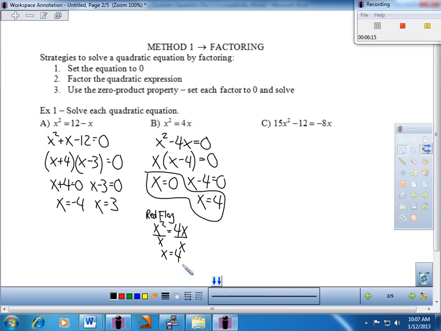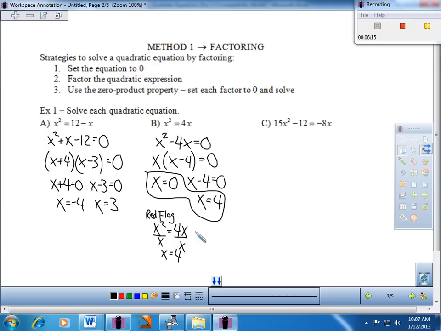And yeah, to some degree 4 does work, but the only problem is you divided by a variable factor. And that's a no-no in working with equations, because when you divide by that factor, you lose the solution that came from that factor.